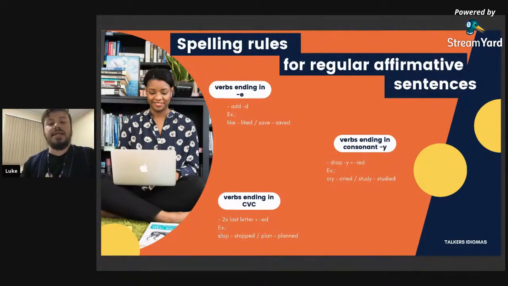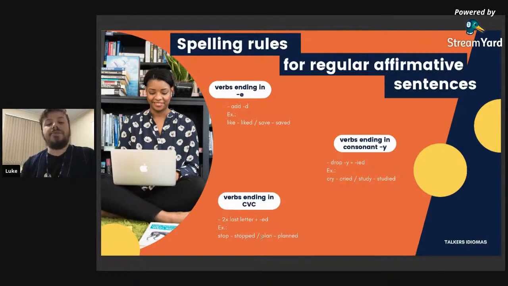For example, stop. So we can check together, yes? We have T, which is a consonant, O, which is a vowel, and P, which is also a consonant, okay? So we have CVC. Then we write stopped, and we doubled the last letter. The last letter of the base form was P, so we have double P, and then ED.